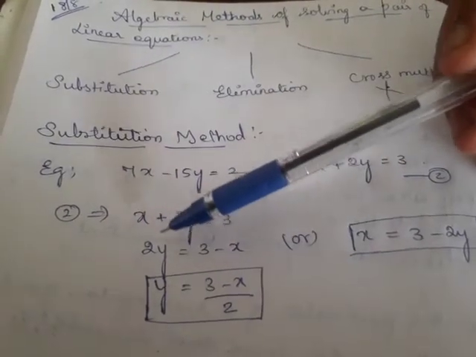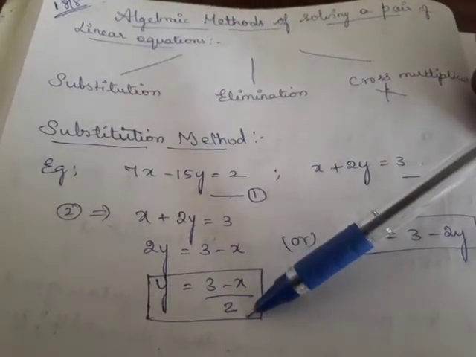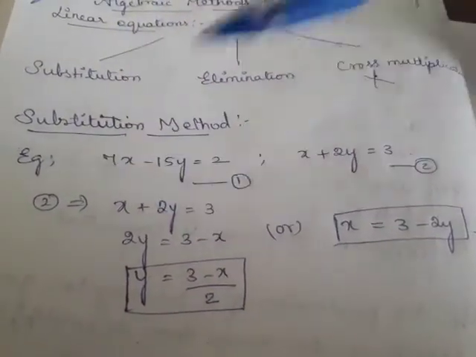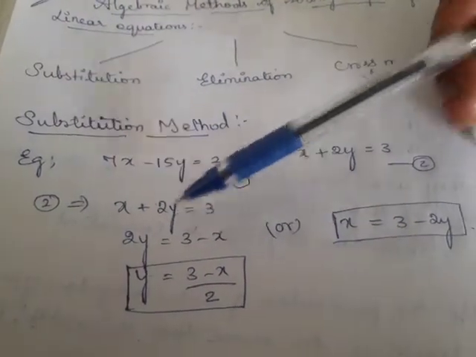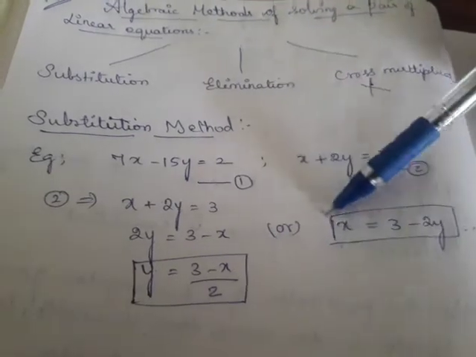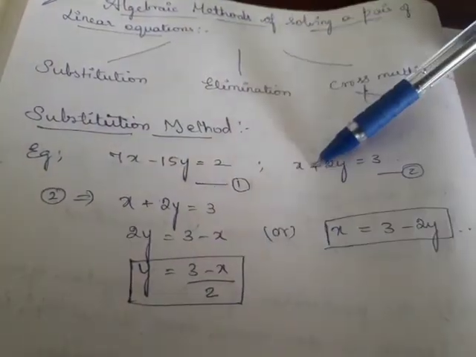So it will become 2y equal to 3 minus x. So y is (3 minus x) divided by 2. Or if you wish, you need the value for x. So keep x alone one side and bring the remaining terms to the other side. It will become 3 minus 2y. Now we got x in terms of y and y in terms of x from the second equation.